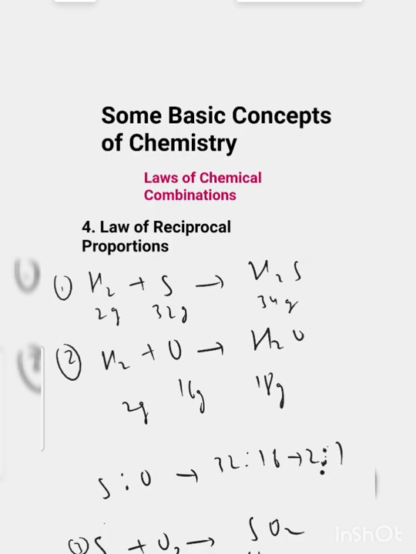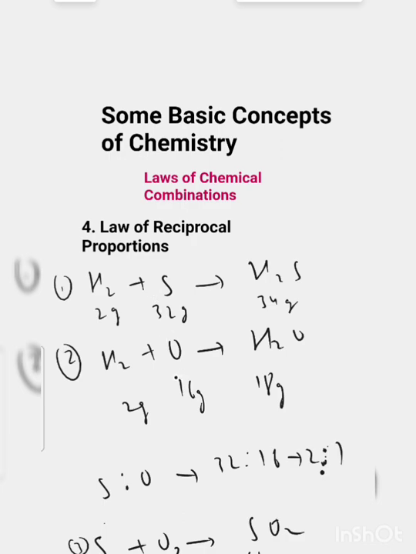So what I'm trying to say is that when sulfur and oxygen are two elements that are reacting with the same element having the same weight in both reactions 1 and 2, the ratio in which they are combining with the fixed third element will be a simple whole number ratio with respect to when these two combine with each other. You got it?